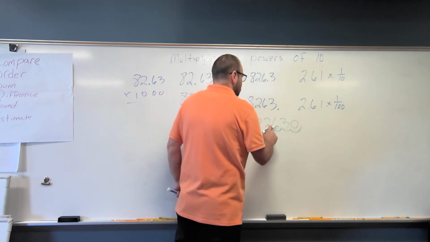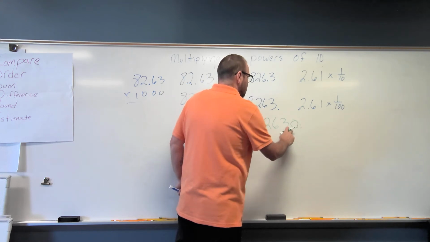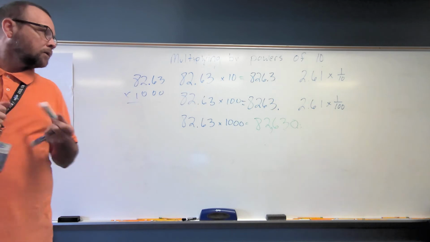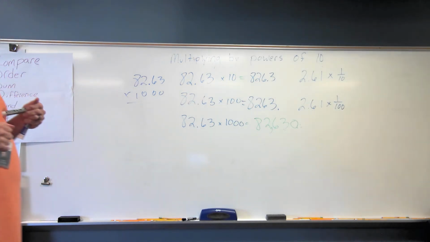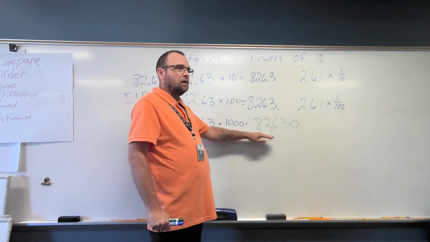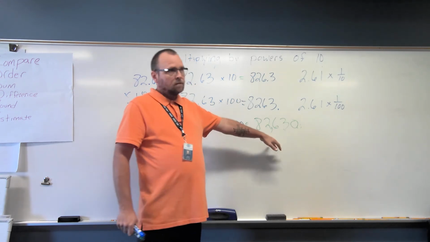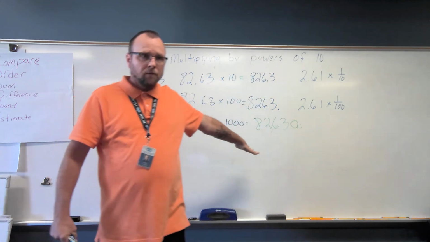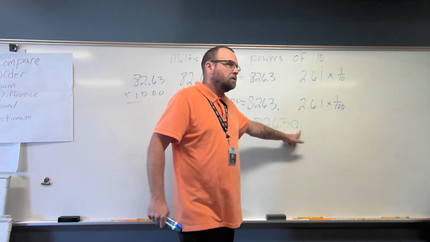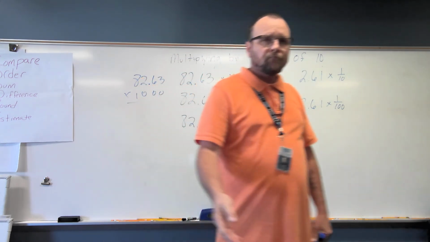So now my decimal point moves from there to here. What number would that be, Alana? 82,630. Because my decimal point's here.